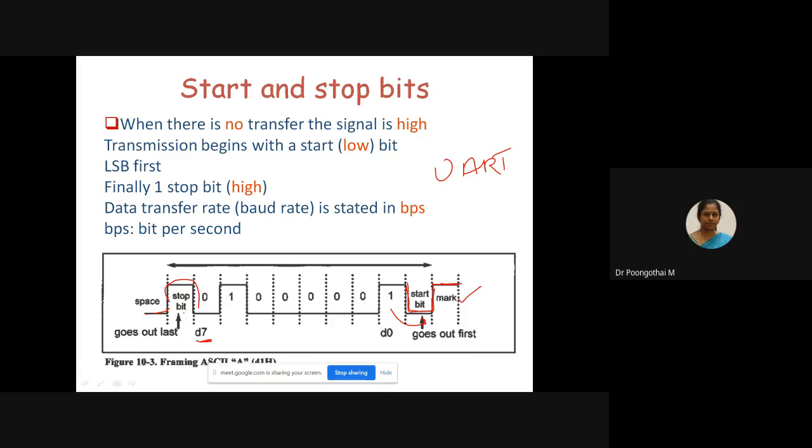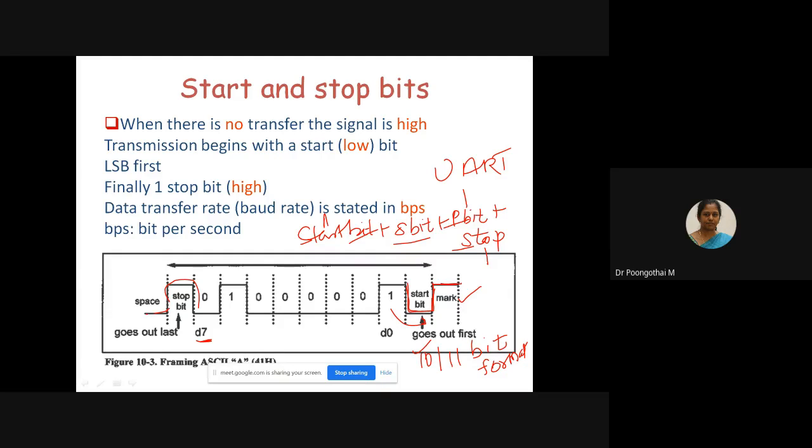So it takes the start bit, 8-bit data, the parity bit for error checking, along with the stop bit. So your UART follows a 10 or 11-bit format. 10-bit means the 8-bit data is included with the start and stop bits. 11-bit means your 8-bit data is included with the start bit, parity bit and stop bit.